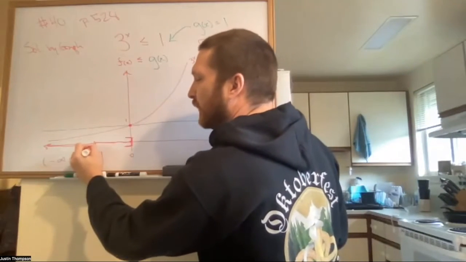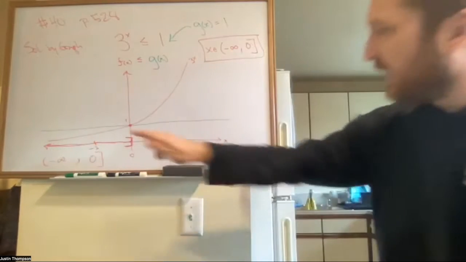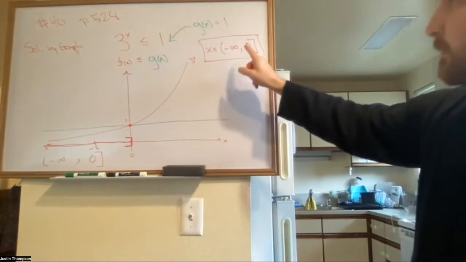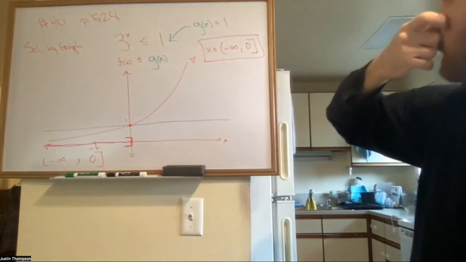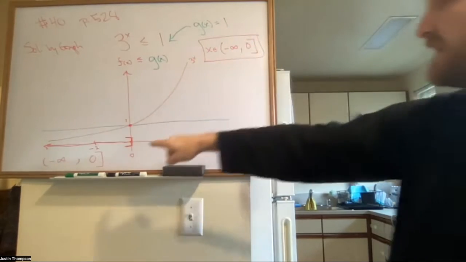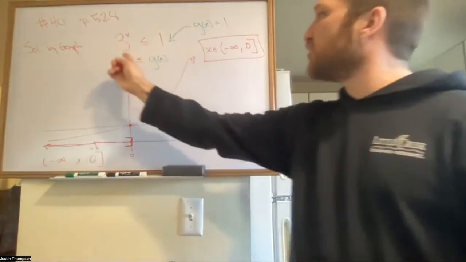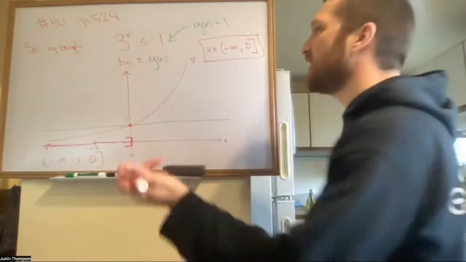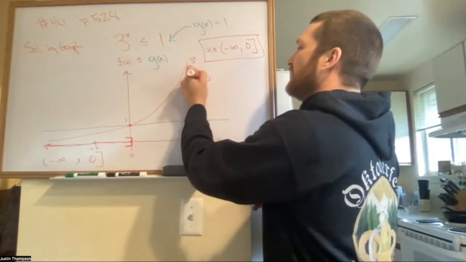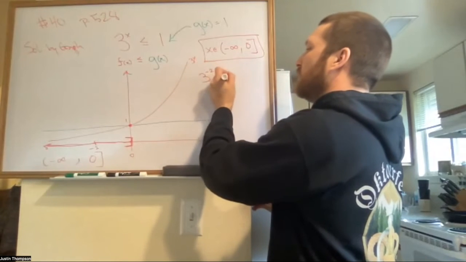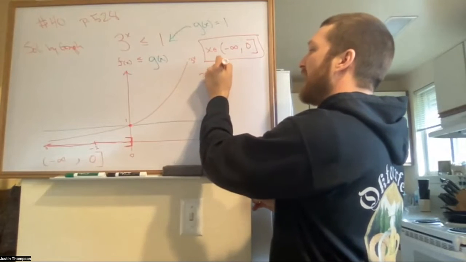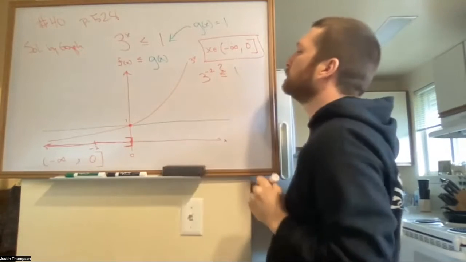How about -2? -2 is a number in that interval. And my solution says that if I take that number and plug it in, this thing should be true. So let's check and see if that's the case. If I take 3 to the -2, we are wondering, is it true that that is less than or equal to 1?